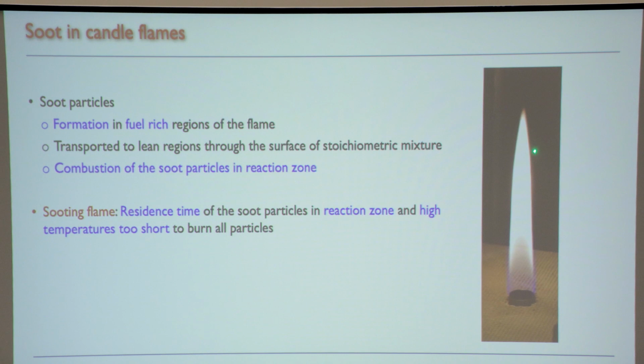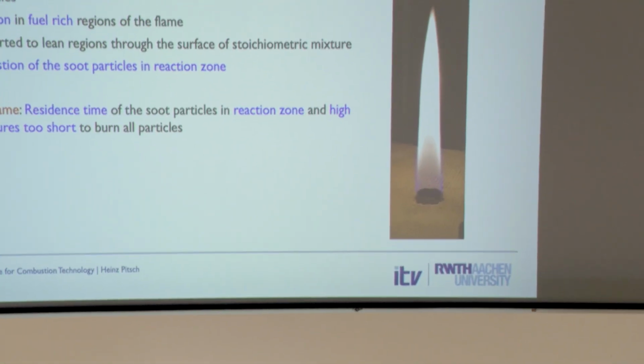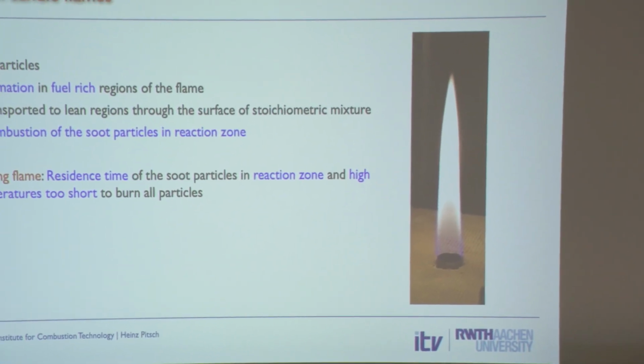On the other hand, oxidation seems to be a very fast process, because you see a lot of soot and no soot right next to each other. So you have this flame, everything oxidizes away. But if the flame gets too long, heat losses become too large. I mentioned this already. Then the flame can extinguish by heat losses due to radiation, and the smoke actually comes out on top.